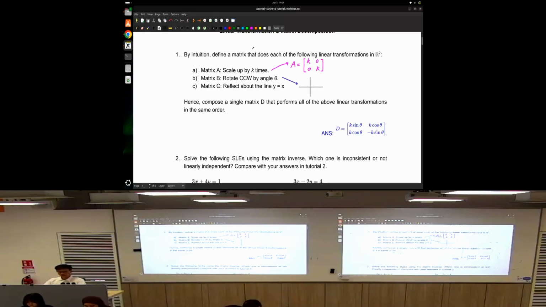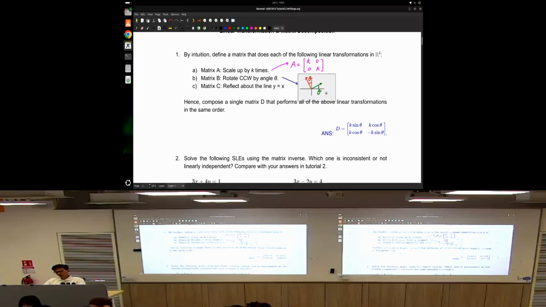If you rotate counterclockwise by theta, the output vectors must be i rotated by theta, then j rotated by theta, and this is theta. These two are the output vectors of your linear transformation.